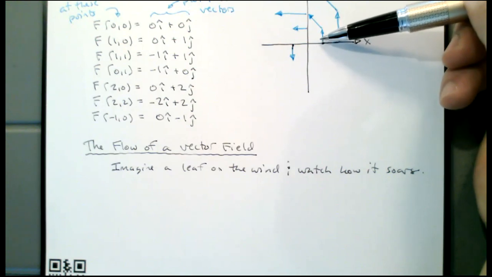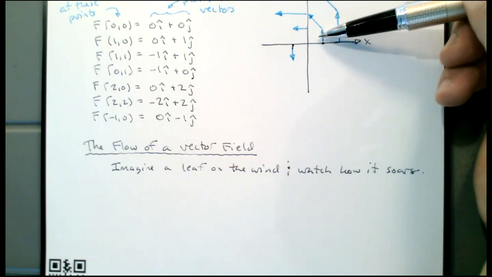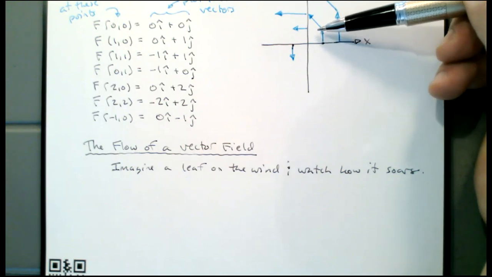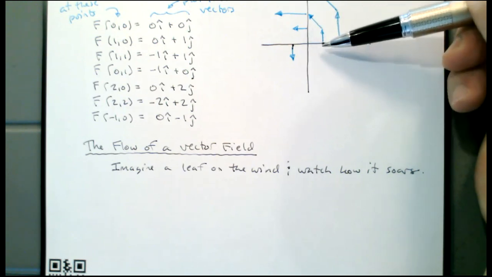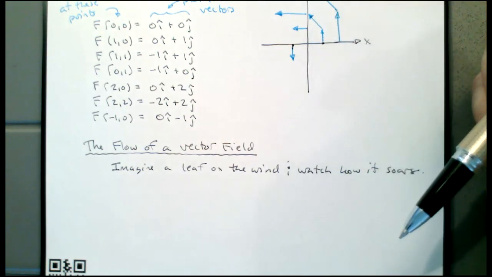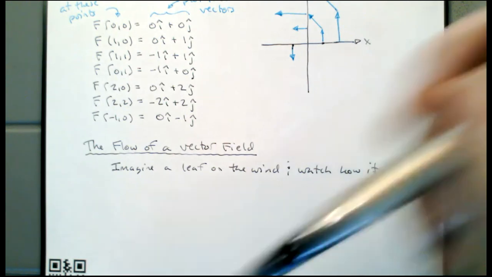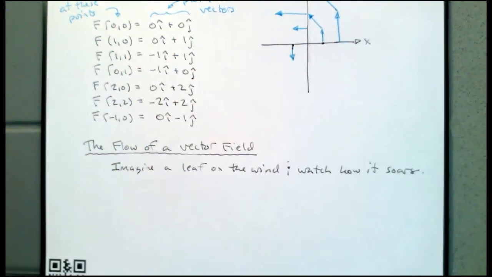And as soon as it moves to the left, it's moving less up. So as the leaf moves around, we have to continually reevaluate which direction the leaf is going. So we want to imagine the flow of the vector field. We want to think of the vector field as the wind and imagine what would happen to a leaf on the wind.